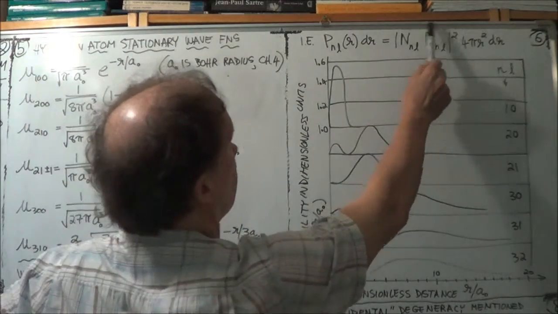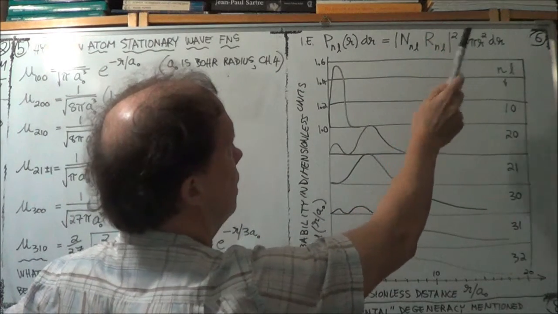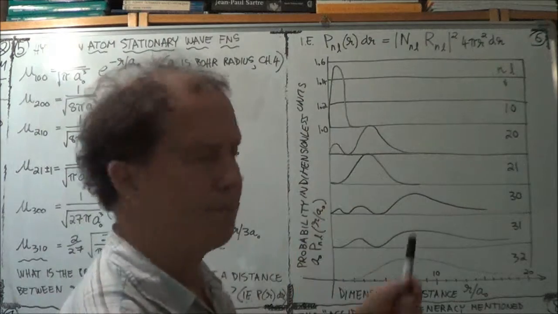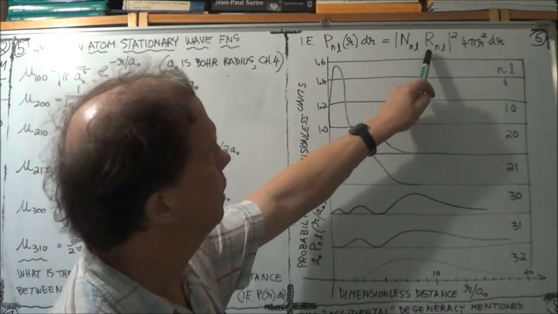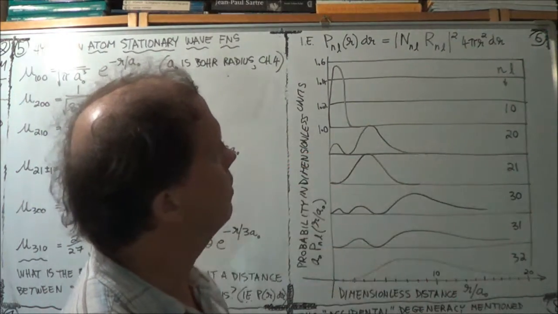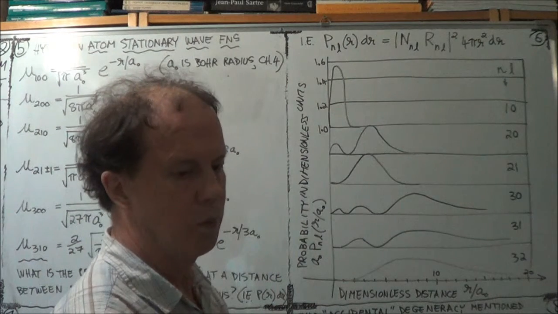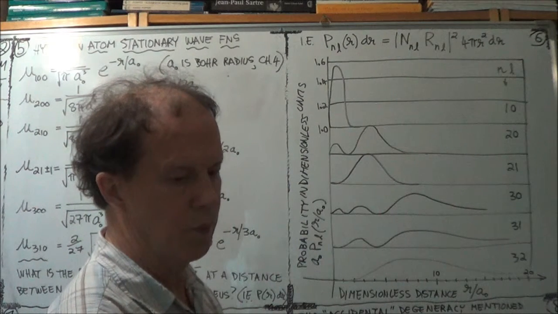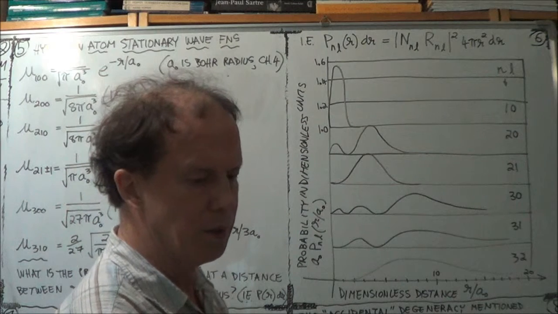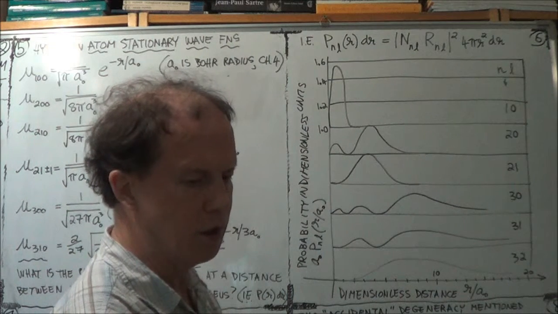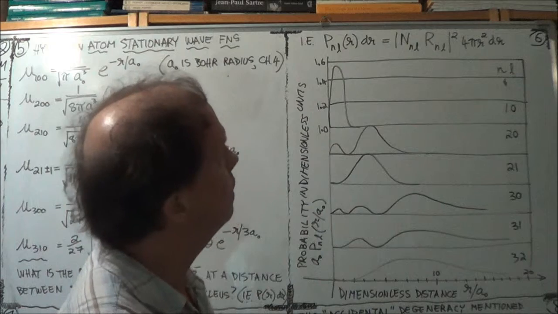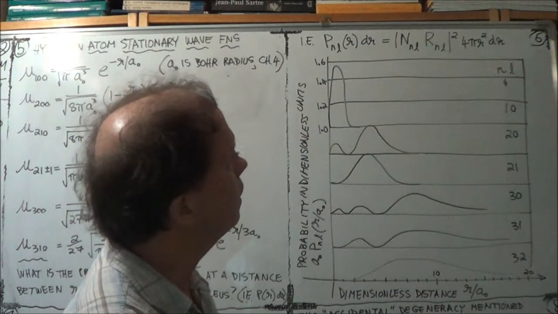And this is your probability density. And where I have a question mark is why no angular dependence? Simply because you're interested in r, I guess. All right.